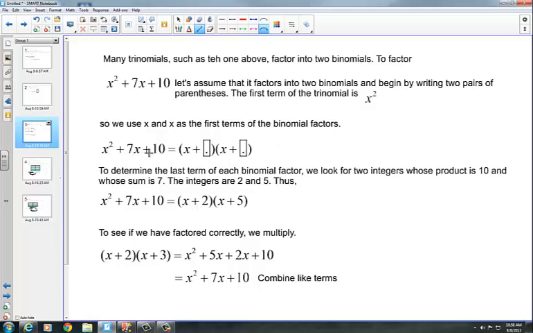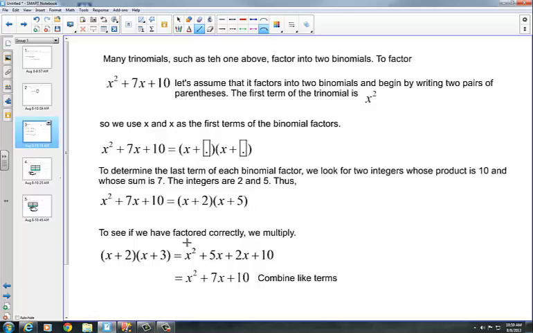X squared plus 7x plus 10 equals (x plus a number)(x plus a number). To determine the last term of each binomial factor, we look for two integers whose product is 10 and whose sum is 7. The integers are 2 and 5. Thus, x squared plus 7x plus 10 equals (x plus 2)(x plus 5).